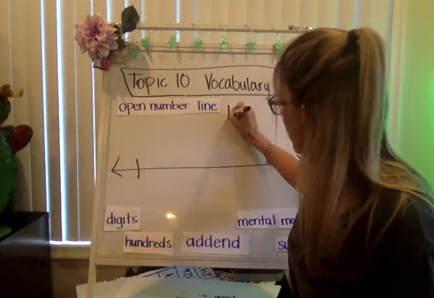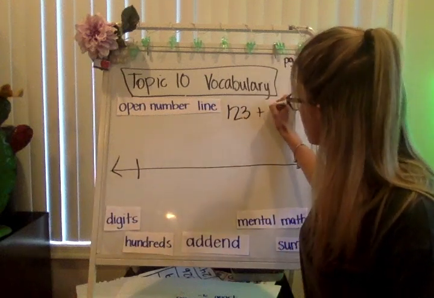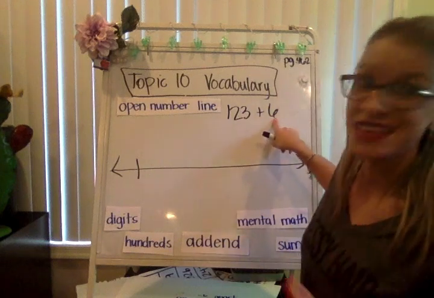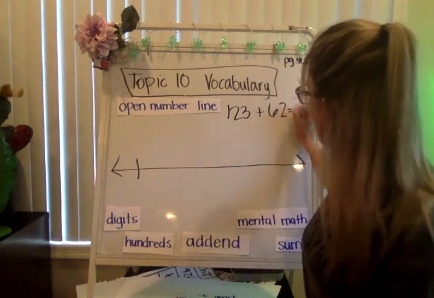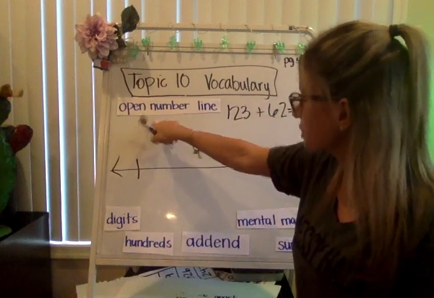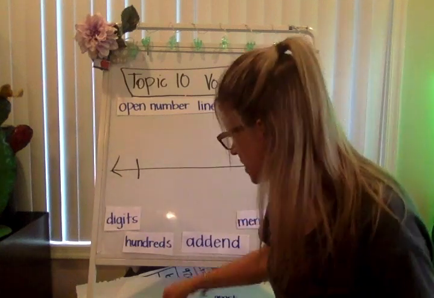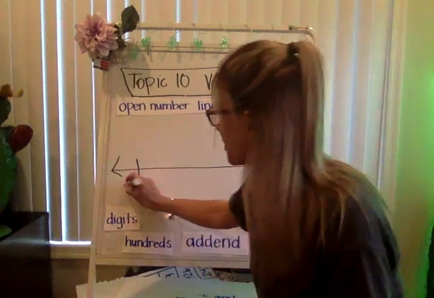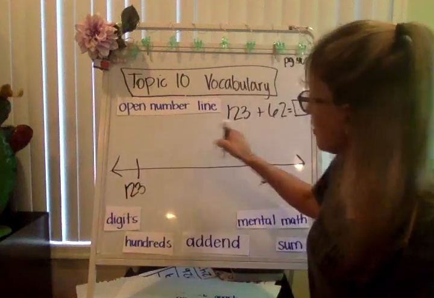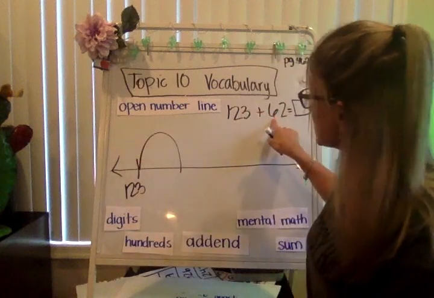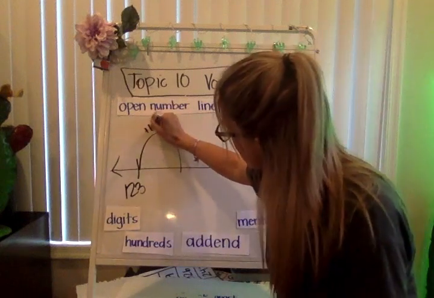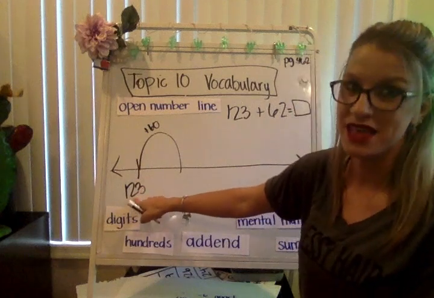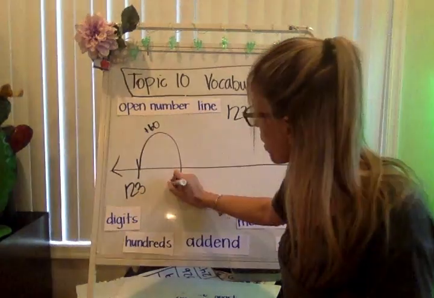So if I had the equation 123 plus, we'll just say plus 62 equals something. On an open number line, what that would look like is, 123 would go right here. And then I'll do a jump of 60. So 123 plus 60, I know I'm going to just increase my tens place by 6.